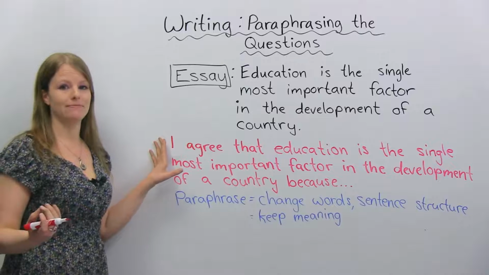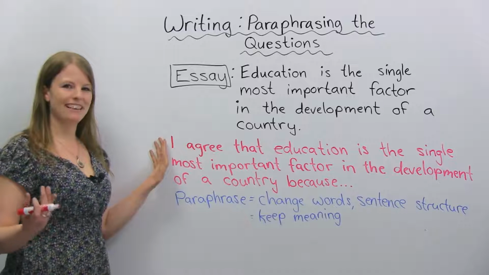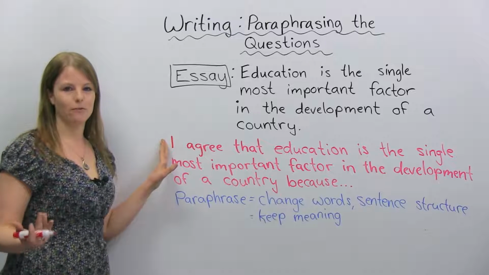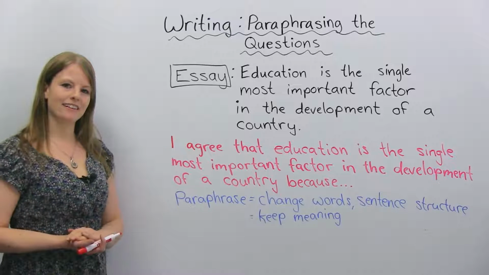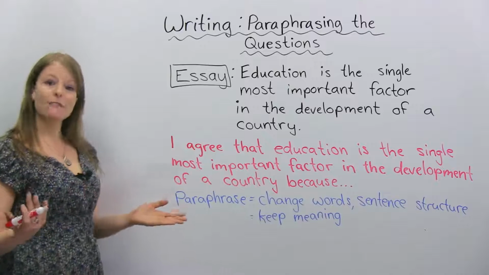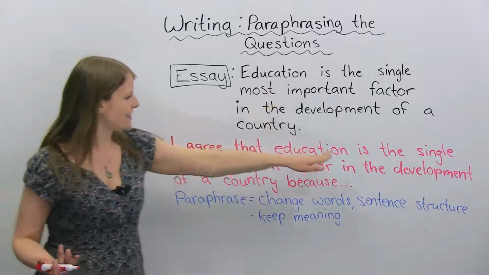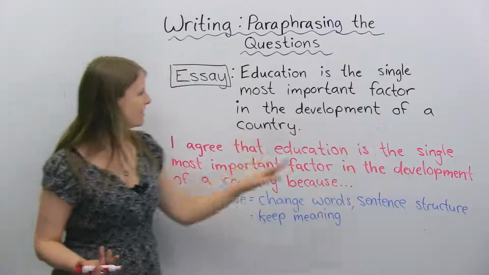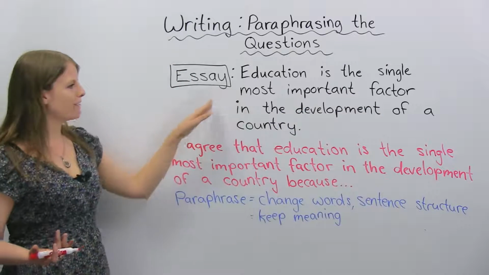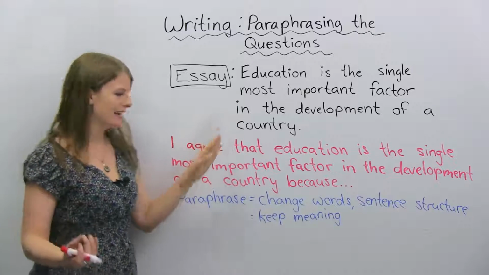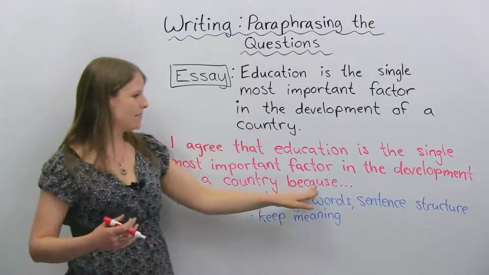There's a big problem. So I want you to take a moment and think, what could be the problem with starting your essay off with this sentence? Okay, well, if you noticed, you have here the word education. Education is the single most important factor. If you notice, these are the exact same, except for I agree that and because.